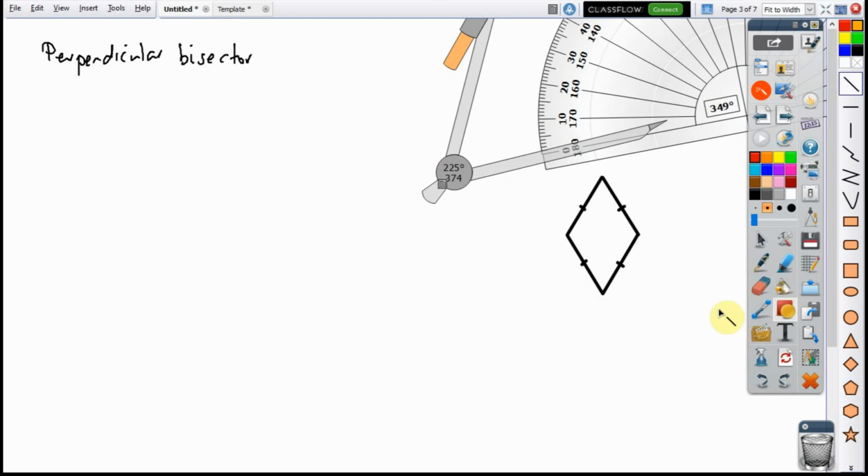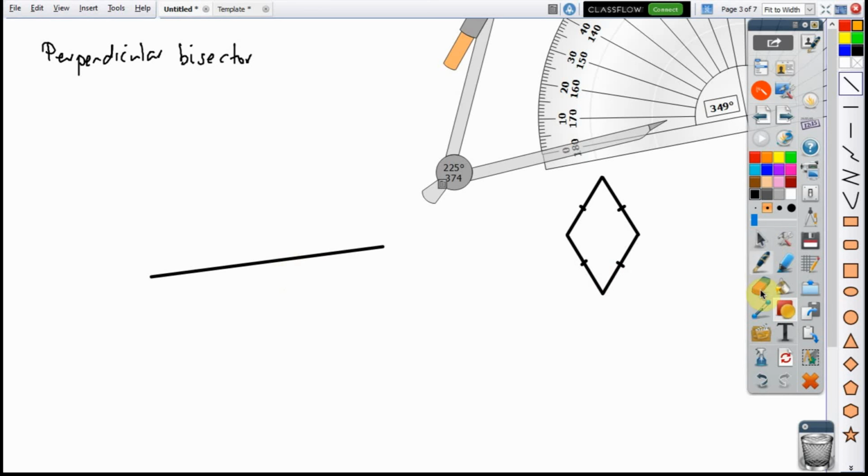We're going to start with a random line, and we are going to construct another line which does two things. It cuts this line exactly in half, so probably somewhere about here, but it also does so at right angles, such that the new line is perpendicular to the original line.